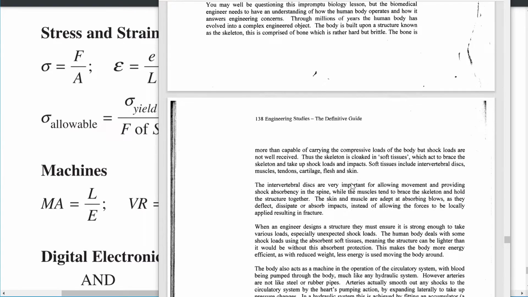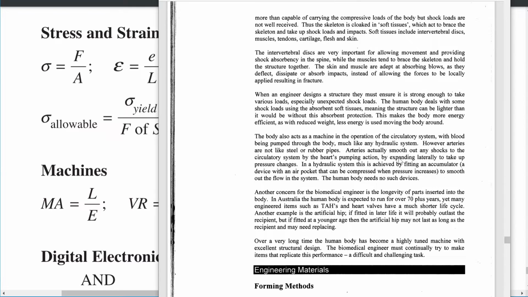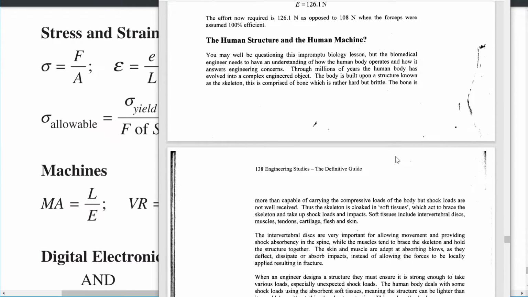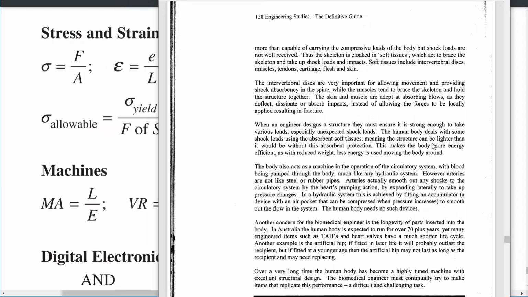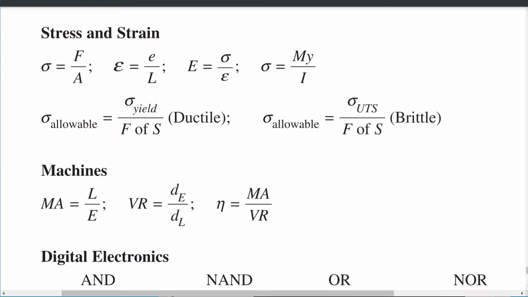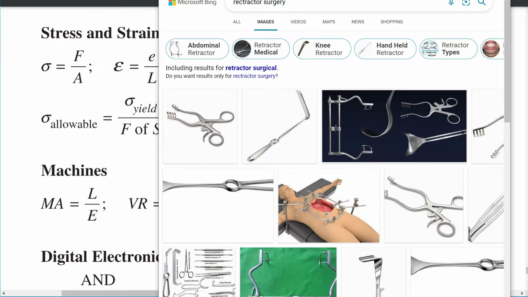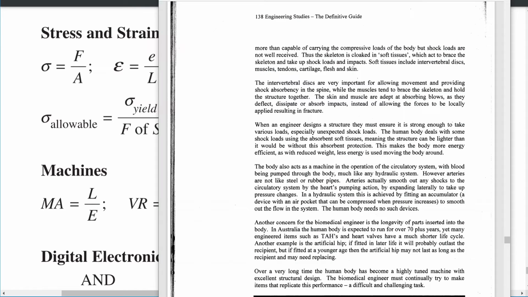Happy with that. It talks about the human structure as a machine. We've discussed this a little bit in other videos, but I'm happy for you to read this. Maybe we'll set that for homework, or maybe I'll actually adjust this homework. Is there anyone who's already submitted this work? It's not there, not there.